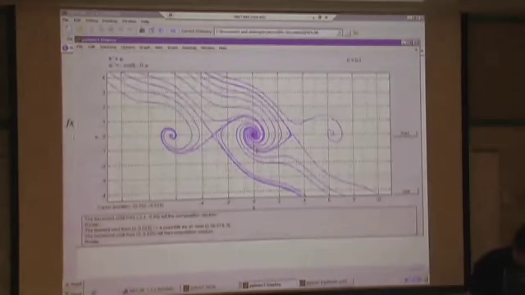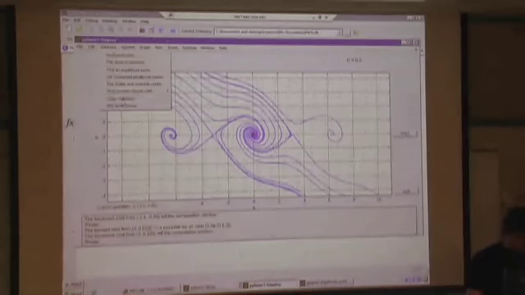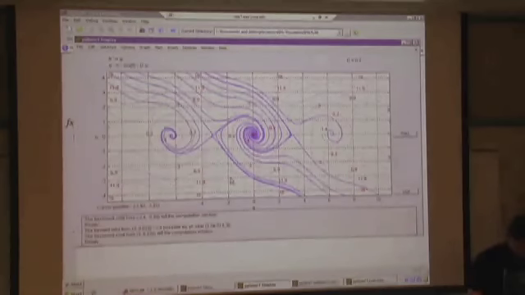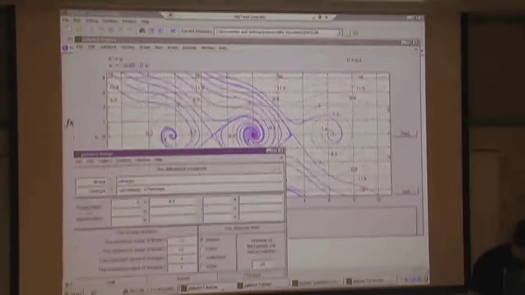Negative pi to pi. So let's plot those level curves to see. Yeah, can you see it here? So maybe I'm going to change the negative pi to pi, negative 4 to 4, and this, I don't know, negative 2 to 2.